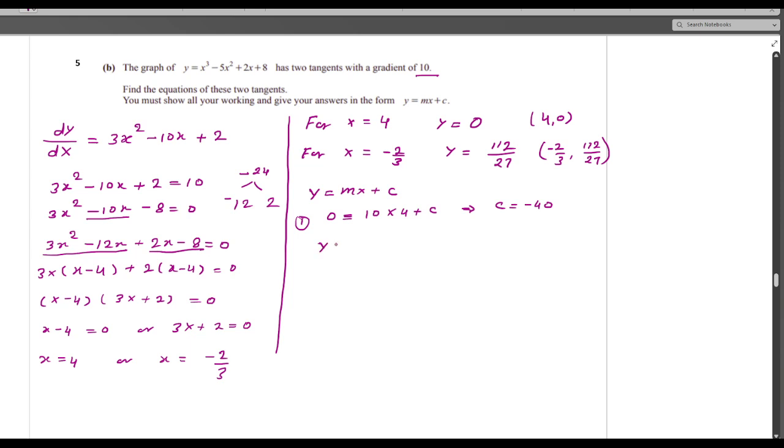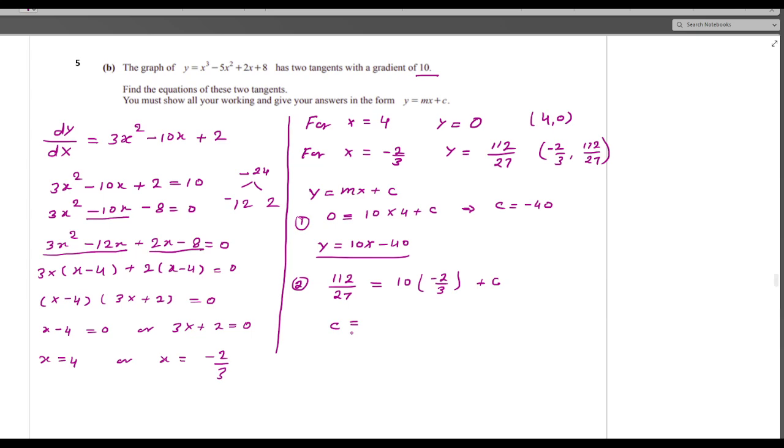So y equals 10x minus 40 is one line. For the second line you have y as 112 divided by 27 equal to 10 times minus 2 divided by 3 plus c. So this gives you the value of c as 112 divided by 27 plus 20 divided by 3.